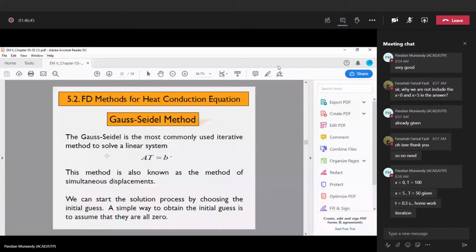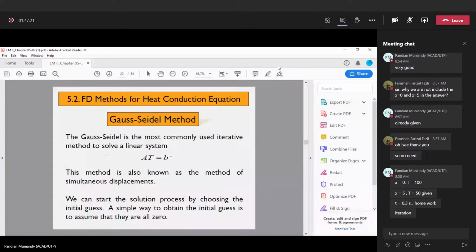This method is also known as method of simultaneous displacements, meaning solving simultaneous equations. You know, in algebra, it's very famous, solving simultaneous equations by using various methods analytically. But now is the time you want to do it numerically. So we encourage you to solve this numerically. That's why you have to practice. Otherwise, you will not be able to do it.